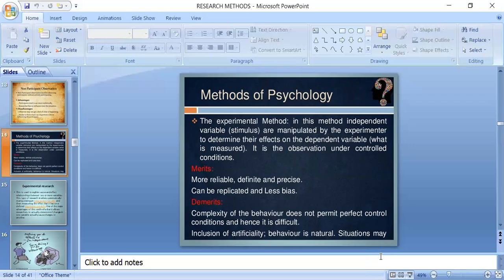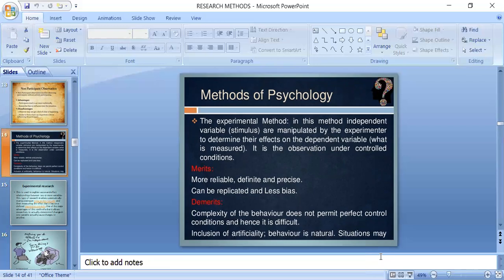So this is what we call controlled condition. Merits and demerits, the pros and cons of this method: the merits are that it is more reliable, definite, and precise. It can be replicated and has less bias. There are fewer chances of errors by repeating or by setting the experimental equipment, experimental setting, lab setting.